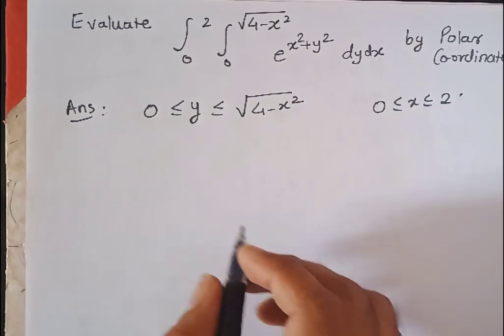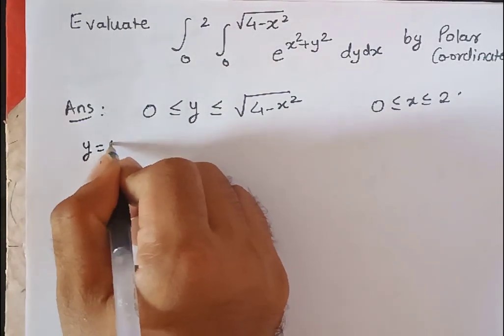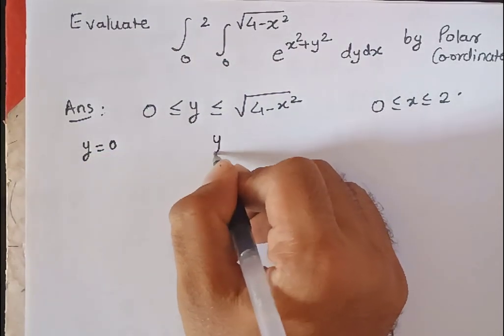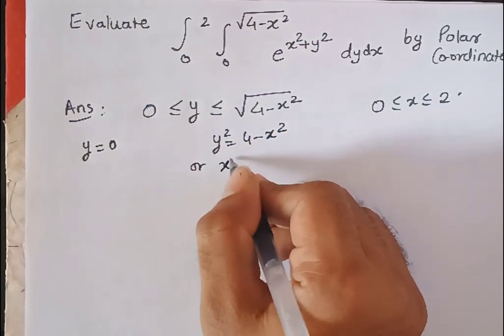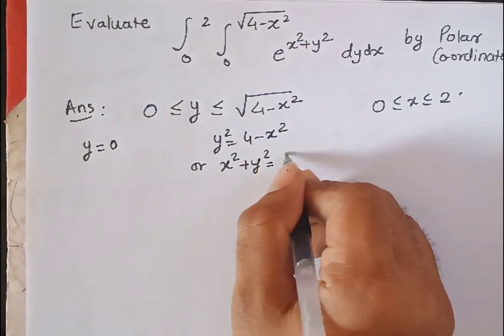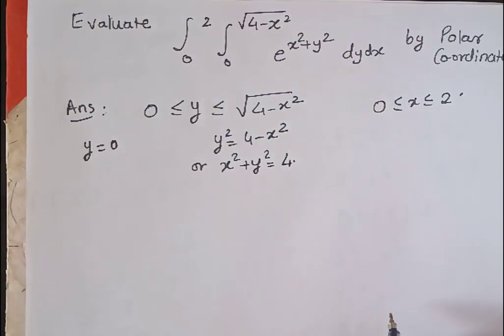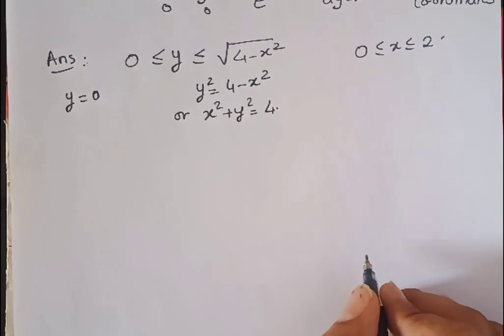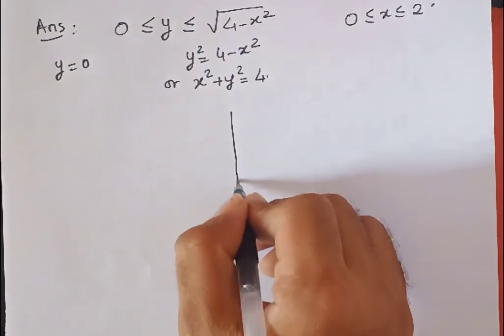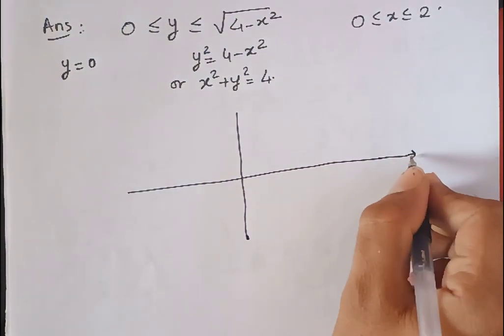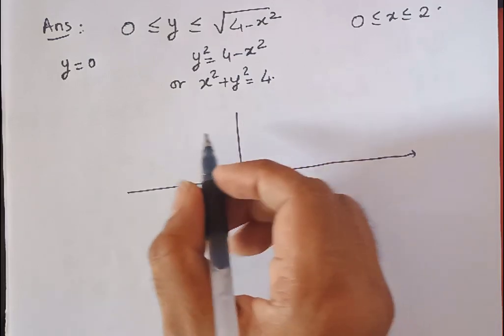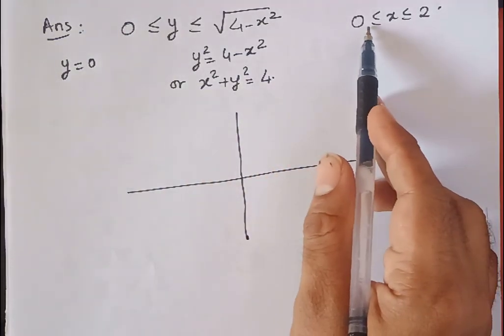If we try to make the boundary, here the boundary is y equal to 0 and here y square equals 4 minus x square, or x square plus y square equals 4. So this is a circle of radius 2 and x should be greater than 0.